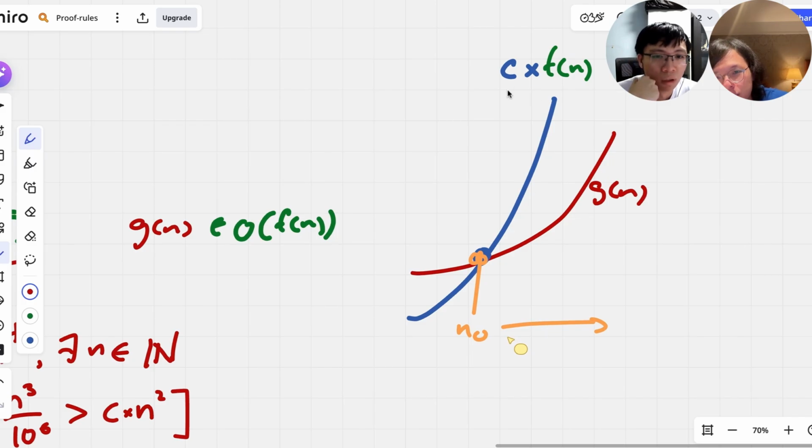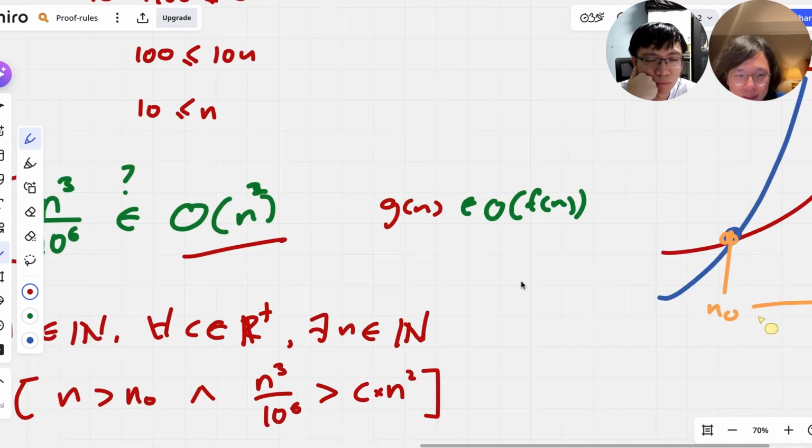So g(n) is at most some constant multiplied by f(n) from n0 onwards. That's really what this is saying.